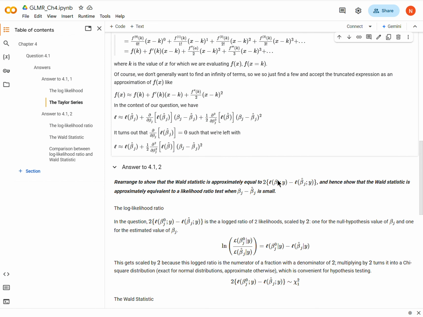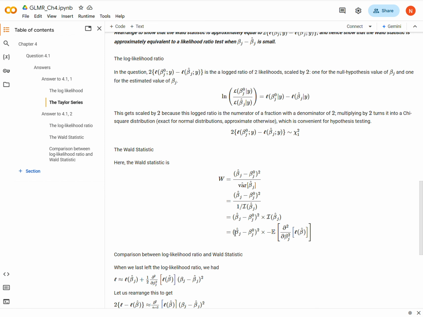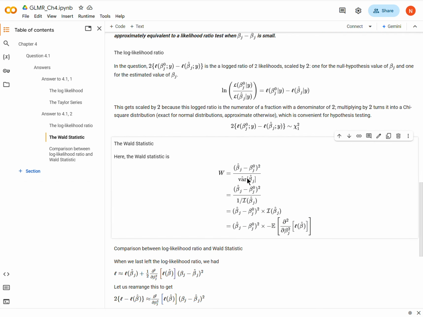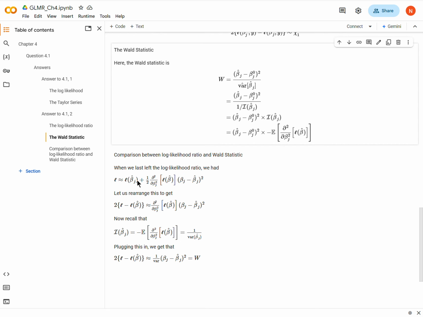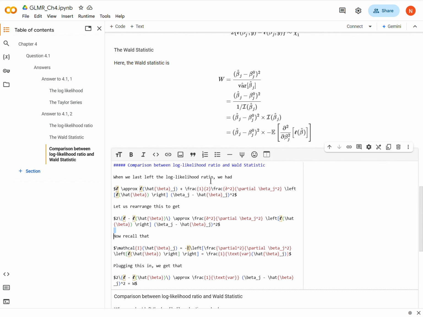What we're going to try to do is get our Taylor expansion to look something like our Wald statistic, and also that our Wald statistic looks something like the log likelihood ratio test. Remember that when we last looked at the log likelihood Taylor series expansion, we had this.